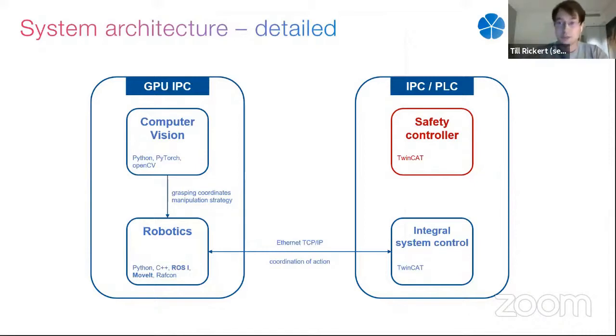And then there's a fourth component I marked in red. Why did I mark it in red? It's the safety controller. The safety controller is essential for the industrial certification of the system. It is hosted on the real-time PLC, because this device is already certified for it.